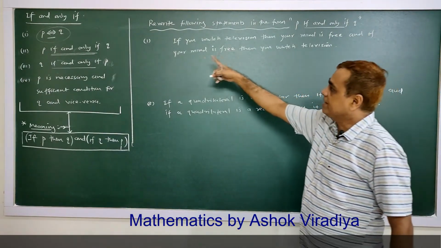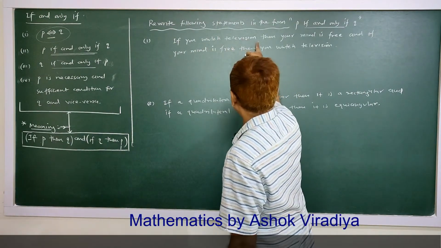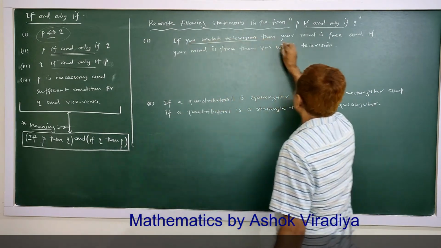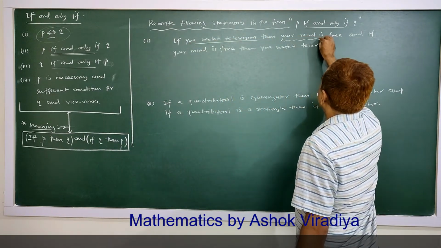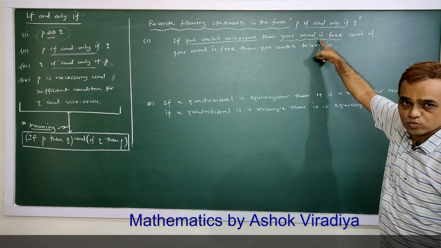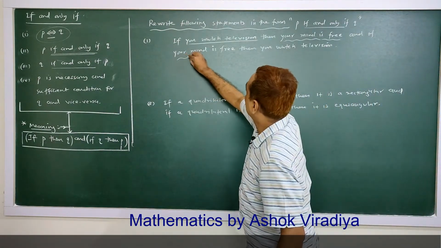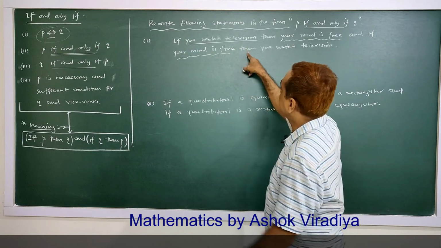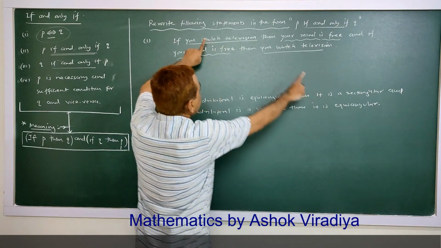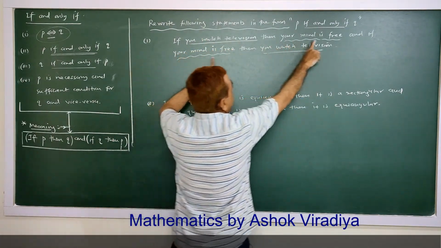Now look, if you watch television, then your mind is free. This is like if P then Q, and if Q then P. Look, this part is the same: you watch television; and this part, your mind is free.